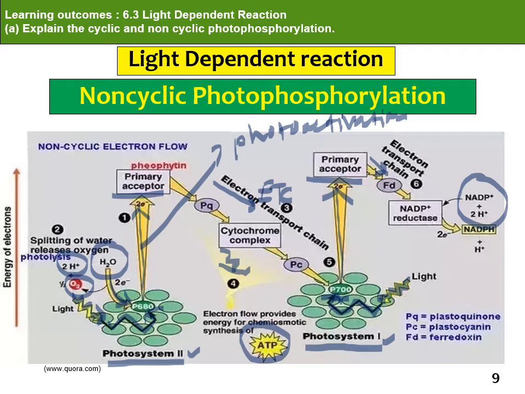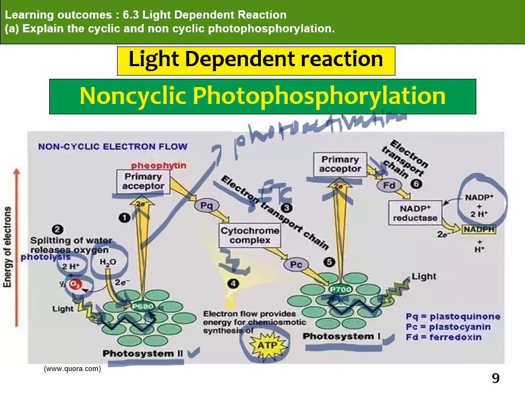Okay, tapi pada photosystem 1 ni, okay, the electron tadi dia akan transfer along the electron transport chain, untuk photosystem 1 saya discuss ni untuk photosystem 1 pula. Okay, bila electron tu excited, received by the primary acceptor, and then dia akan pass to the electron transport chain.